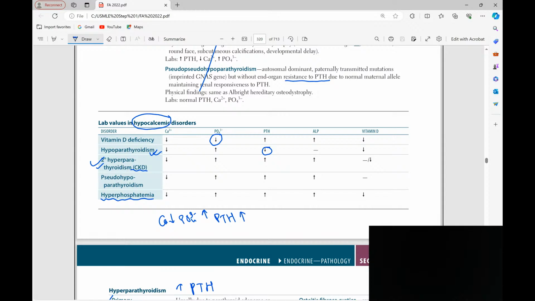Now we'll go with the question that was asked in 2018. They had given us values of all these parameters. So what had to be done was we had to remember the normal levels of all these.